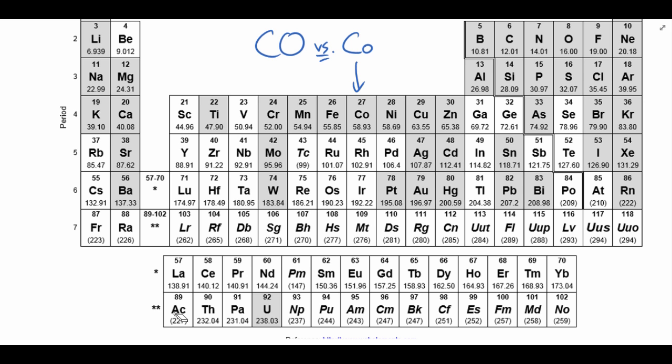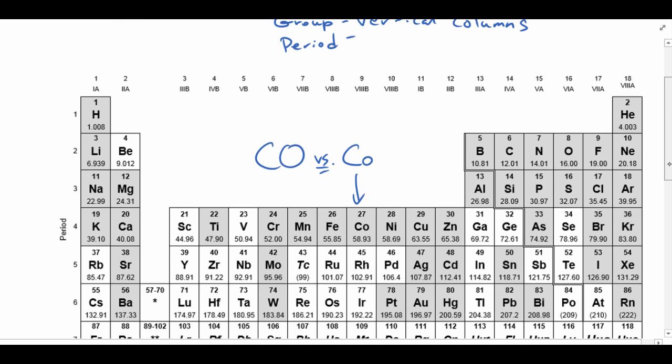Uranium is probably the one that you've heard of the most in here, and it's the only one that we're being asked to memorize. We put them down here because then it fits on a nice 8.5 by 11 sheet of paper that will fit into your textbook or your notebook. That's the main reason. If we didn't footnote them, we'd have a really wide and really short periodic table.